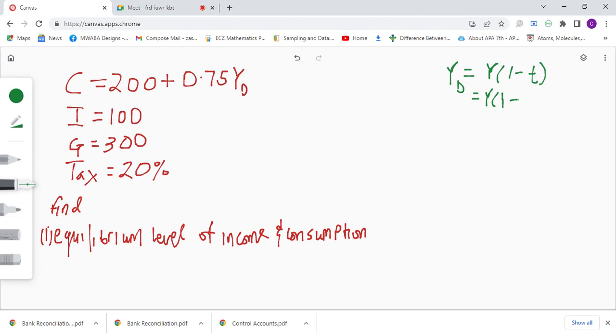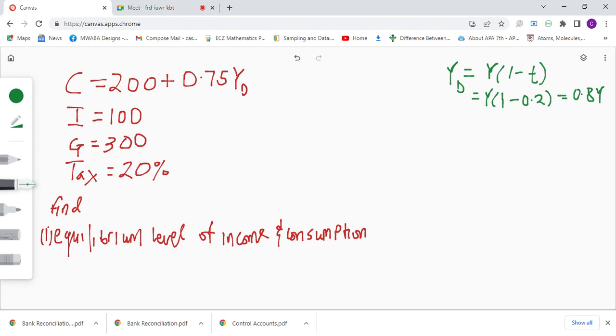So we're going to say Y, open brackets, 1 minus our tax rate, which is 20%. So 20 divided by 100, you get 0.2. Convert your tax into decimals, you get Y in brackets, 1 minus 0.2, and we're going to get 0.8Y.